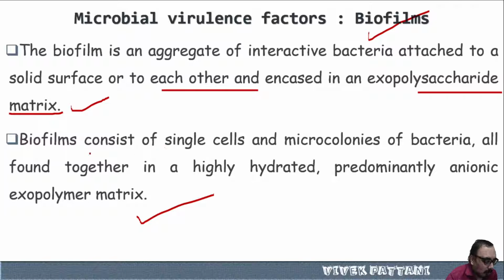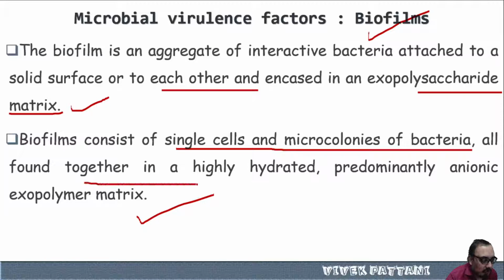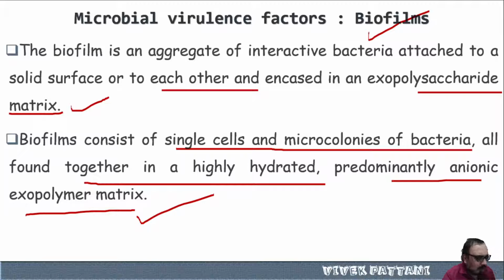Biofilms consist of single cells and microcolonies of bacteria, all found together in a highly hydrated and predominantly anionic exopolymer matrix. This is distinct from planktonic or free-living bacterial growth, in which these interactions of the microbes do not occur.